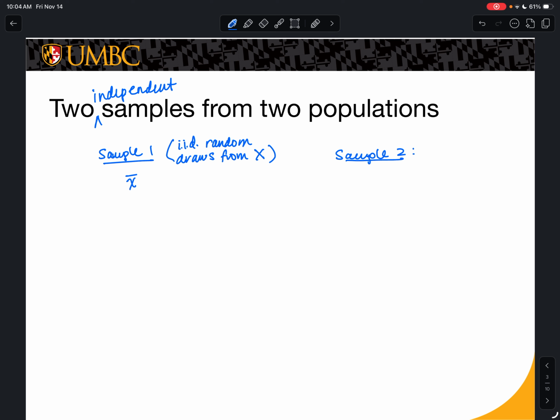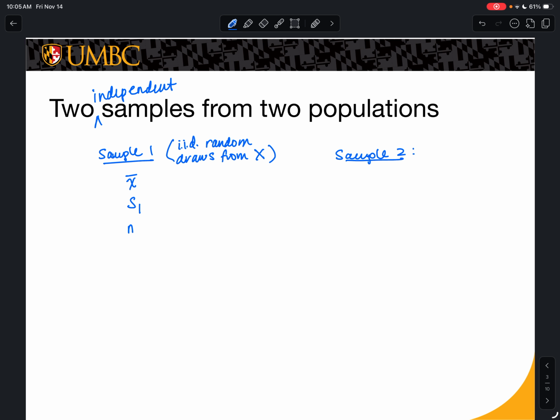The sample standard deviation we're going to write as S1. You could also write it as S with an X in the subscript, which maybe would make more sense in some ways, but I'm following how the book does it. And then sample 1 we're going to say has a sample size of m.